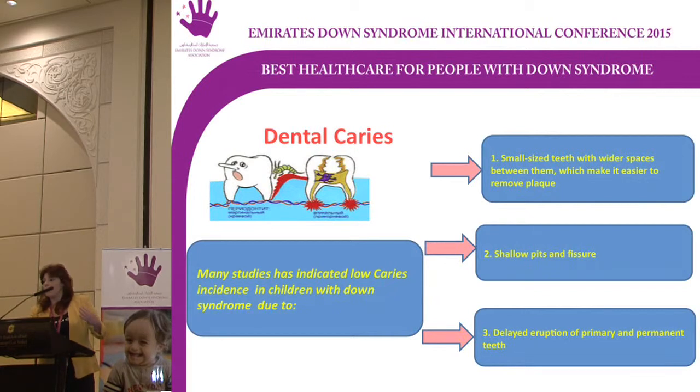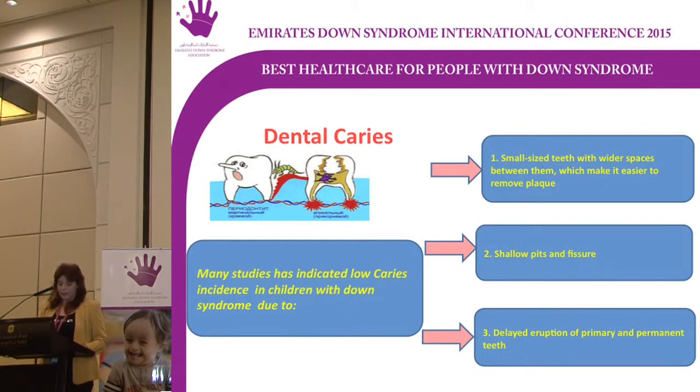This will postpone the onset of the dental caries. At the same time, when the unerupted teeth stay a longer time inside the bone, the enamel, which is the outer surface of the tooth, will gain more calcium and become more calcified and more resistant to any caries attack when it will erupt. So these are the 3 reasons why we have a low incidence of caries in Down syndrome.